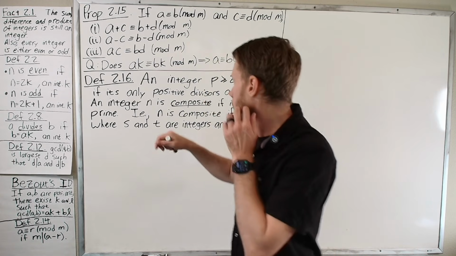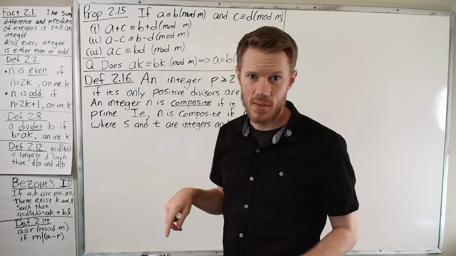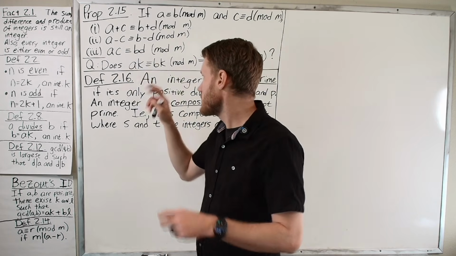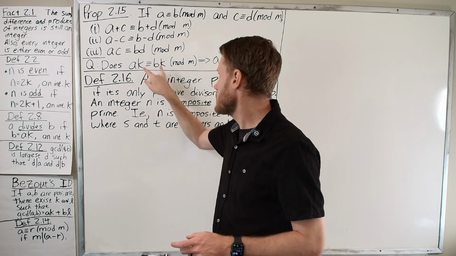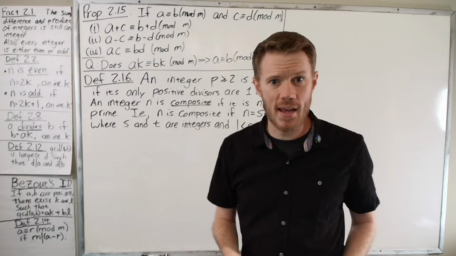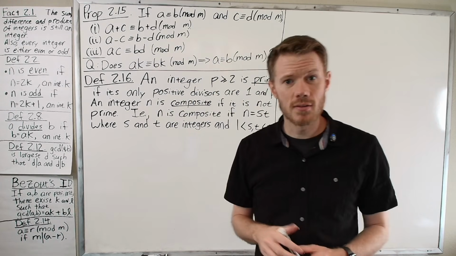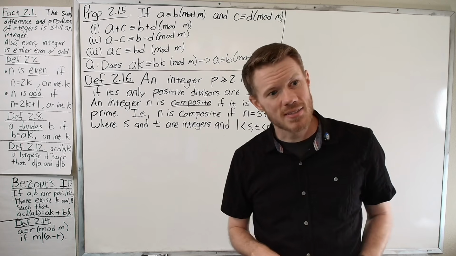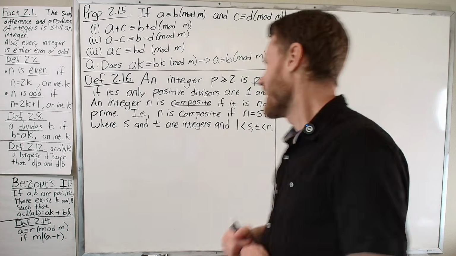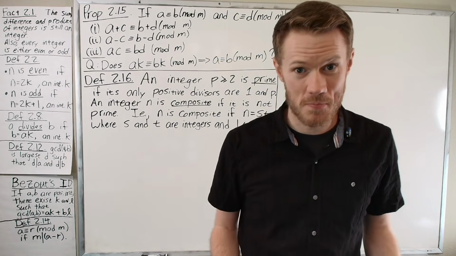We said, okay, assume you have A times K congruent to B times K. Let's assume you have the exact same K on both sides, allowing you to actually divide out the K and be left with integers. Then is it true? And the answer was still no. The first example we gave was, what if K equaled 0?